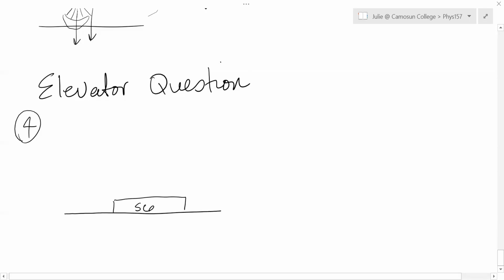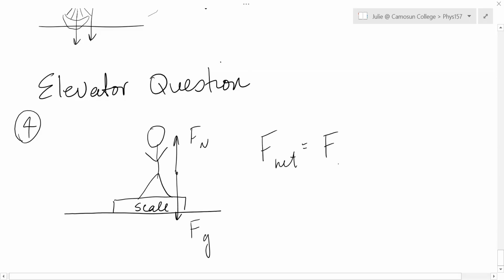So this is a scale. This is a person. And the forces on the person are the normal force and their force of gravity. The net force on the person is up minus down, and that's equal to m times a.